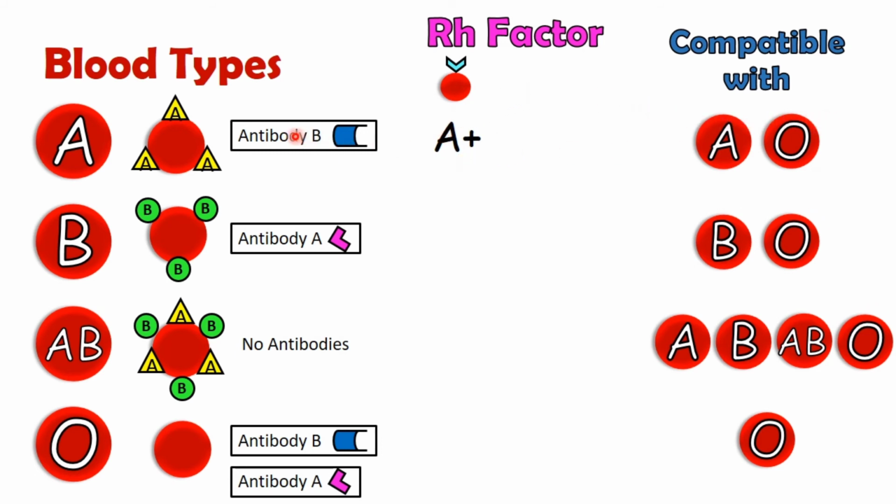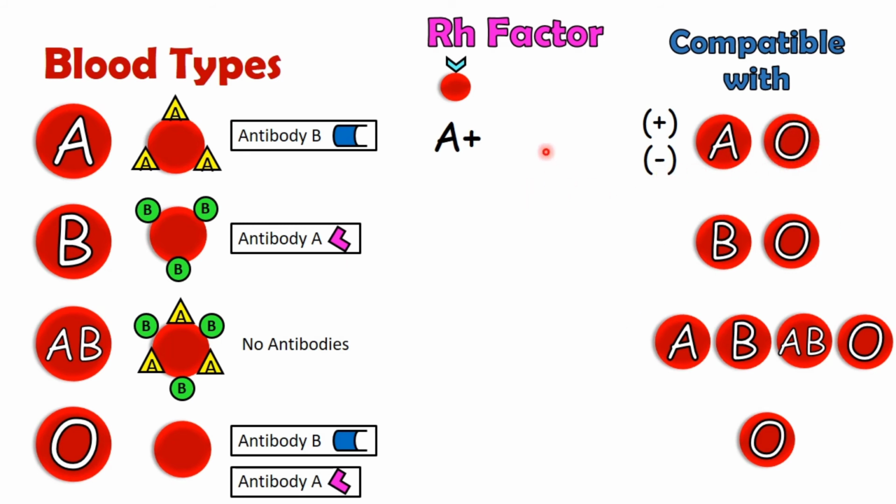So if blood type A is present with the RH factor, it becomes A positive, meaning that A positive can be compatible with the positive A blood type, and also positive O blood type, and also the negative A blood type and the negative O blood type.